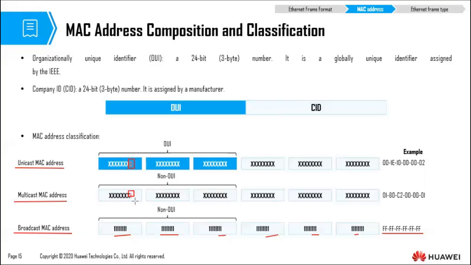On the other hand, for a multicast, other than a broadcast that has all ones, the first bit of the first octet will always be a 1. So that's how you can easily distinguish between a unicast MAC address and a broadcast or multicast MAC address.